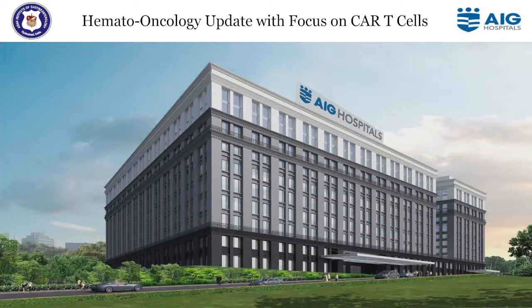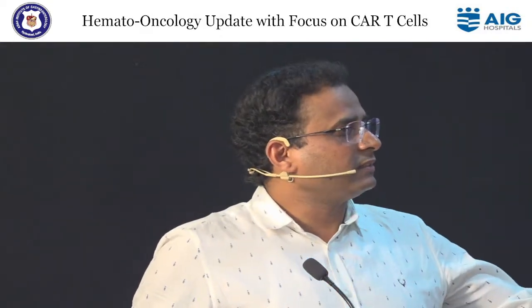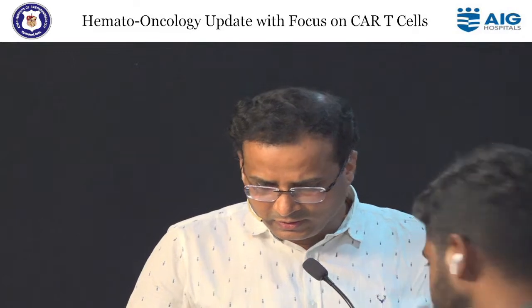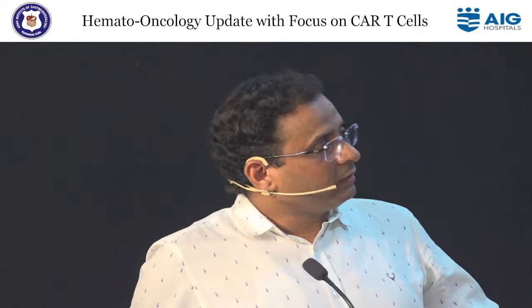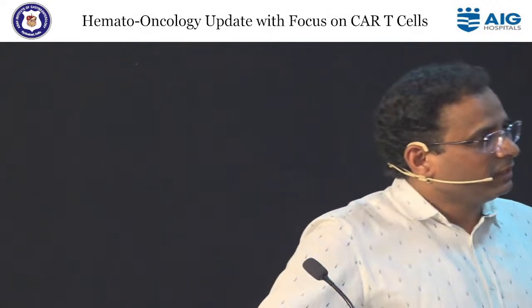So, coming to our case, many of us enthusiastic transplanters do consolidate such cases: a young, fit lady, unmarried, with upfront ATO. What is your practice, Dr.? She is in complete metabolic response, and she has an upfront poor risk profile based on revised IPI.